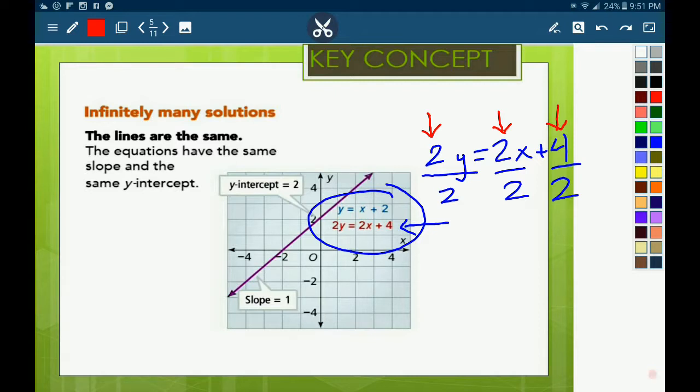And whatever you do to one side, as long as you do it to the other side, the equation is still balanced. So if we were to divide everything by 2, those 2's cancel, those 2's cancel, the 4 over 2 becomes a 2.